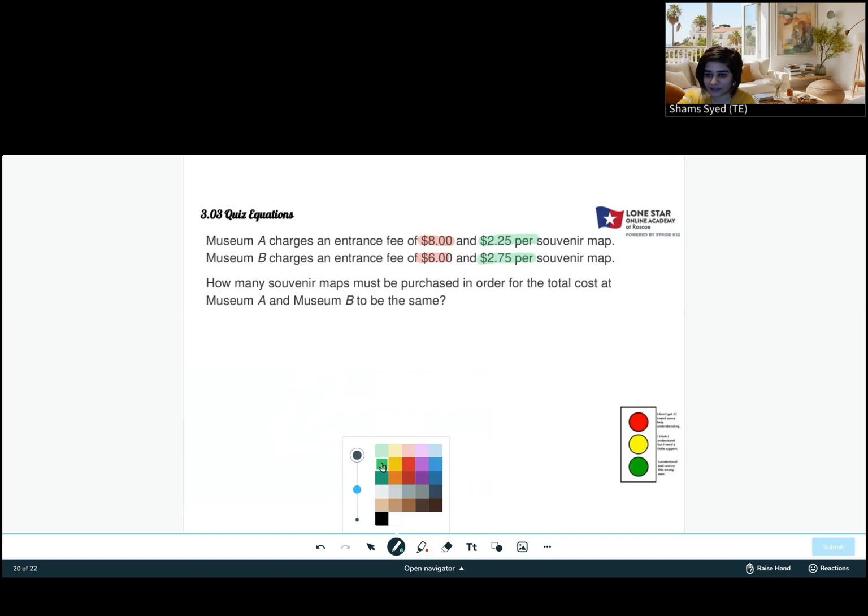So that means this is how the equations look. For Museum A, 2.25 is the variable amount, 2.25x. For Museum B, 2.75 is the variable amount. If you also add an entrance fee, and adding actually means adding, for Museum A it's adding an 8, for Museum B it's adding 6.